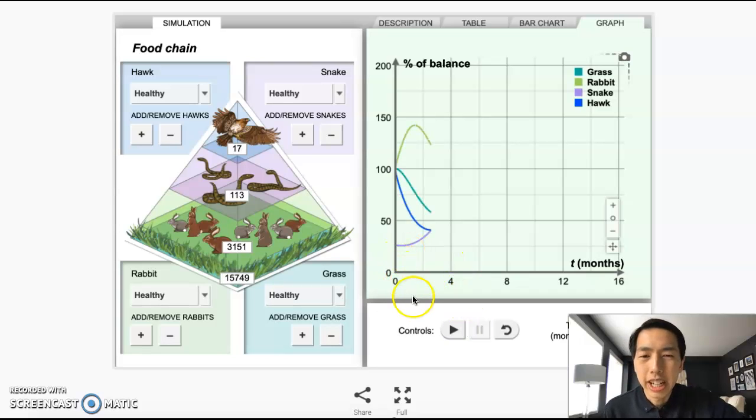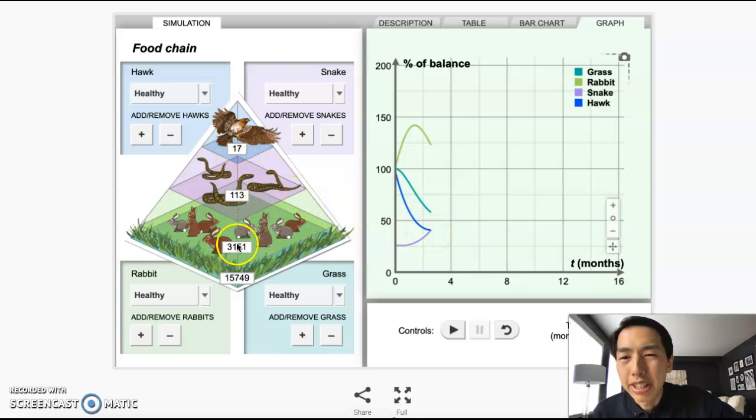Okay, well there's the beginning. I click play and then hit pause. So the snake population started out a lot lower than normal because I set it that way. But without many snakes there, a lot of the hawks that eat them will start starving because there's not enough snakes to eat. That's why you see the blue graph for the hawk go down.